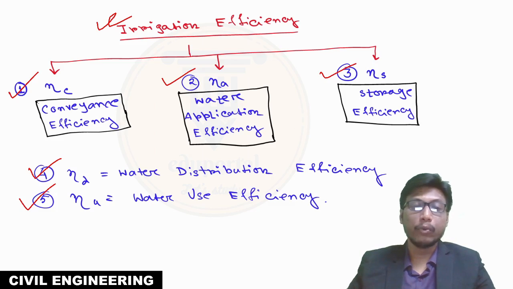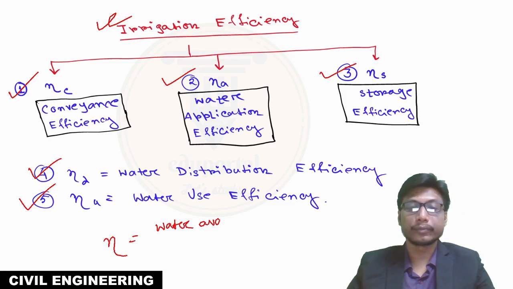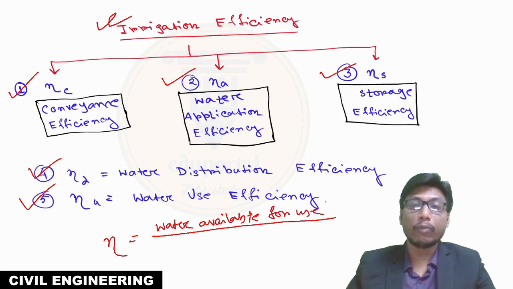Okay, now what is efficiency? It is the water available for use divided by the quantity of water applied to the field during irrigation.